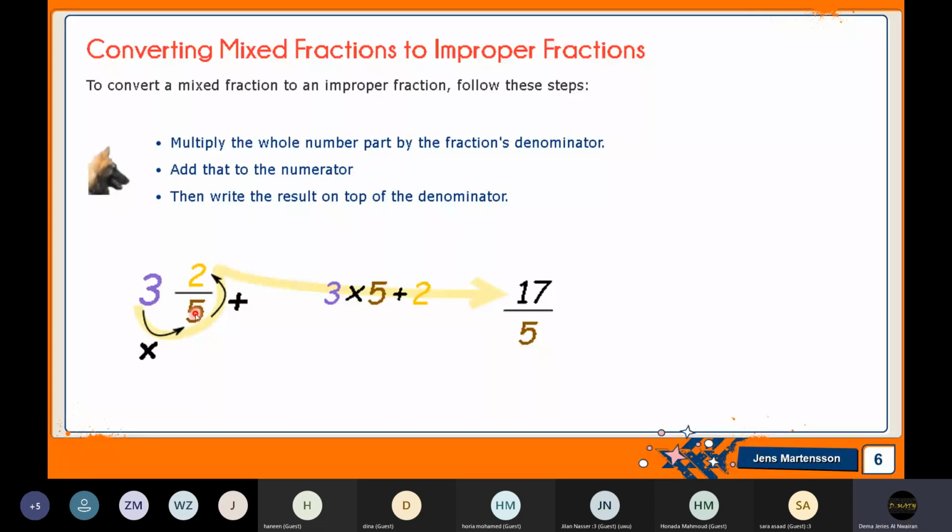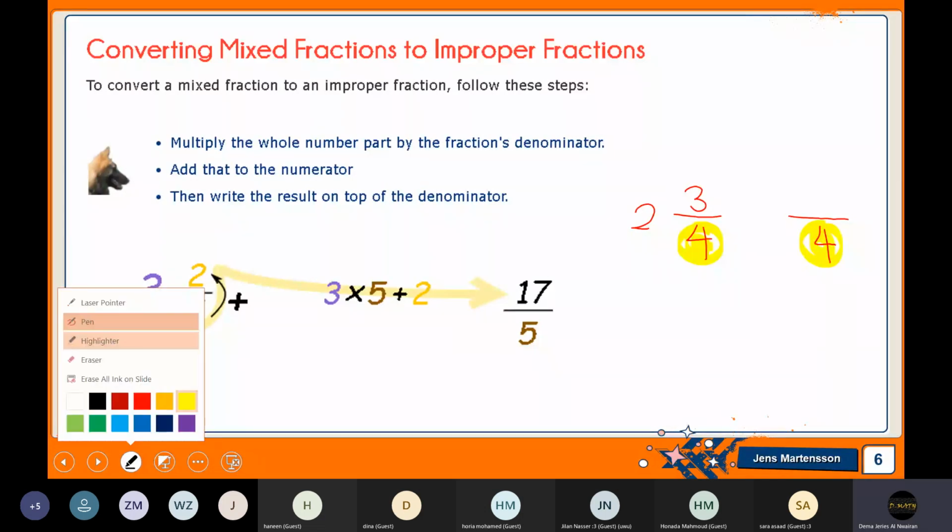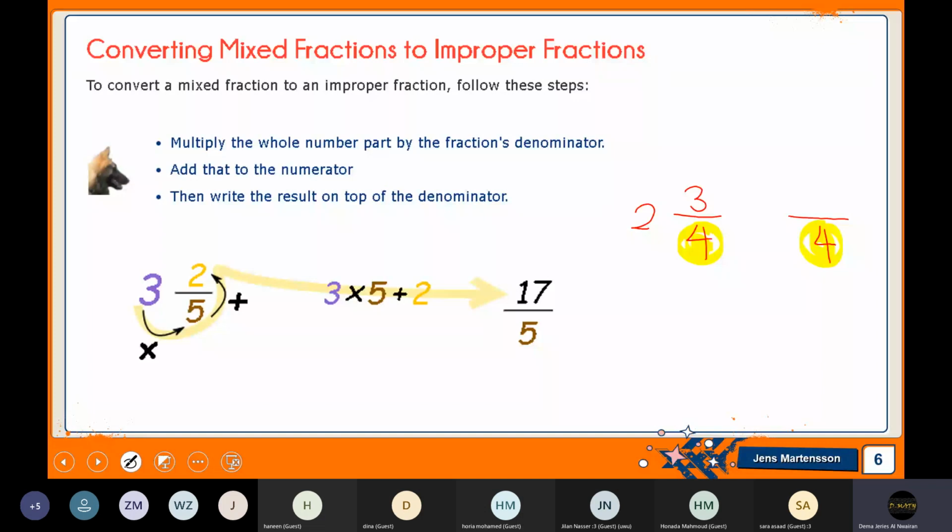So I will repeat it now. If you have 2 and 3 out of 4, first step, you will keep the denominator 4 as it is. This 4, the denominator here, keep it as 4. But I want now to write the numerator. How can I fill the numerator?